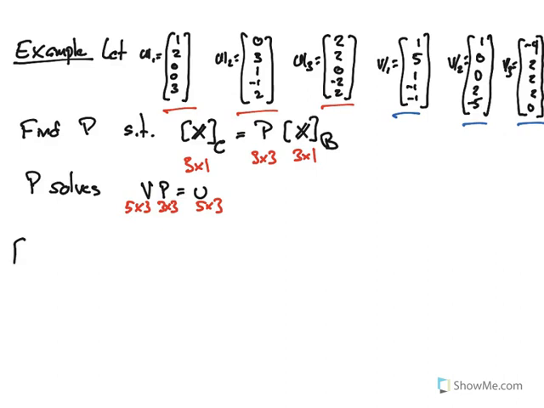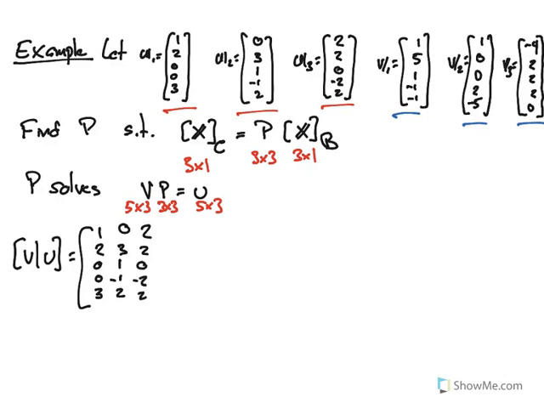But never fear, we form the extended coefficient matrix 1, 2, 0, 0, 3, 0, 3, 1, minus 1, 2, 2, 2, 0, minus 2, 2, 1, 5, 1, minus 1, minus 1, 1, 0, 0, 2, minus 5, minus 4, 2, 2, 2, 0.